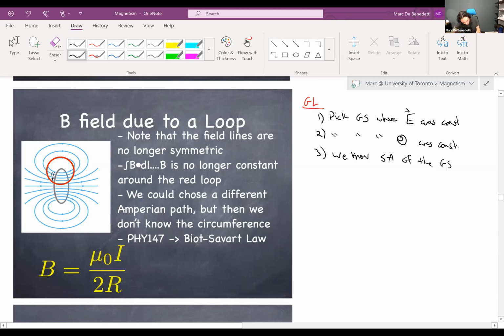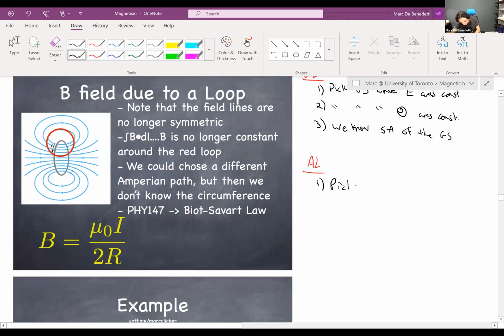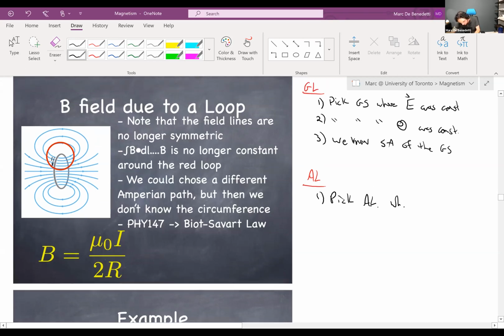We have similar assumptions for Ampere's law. One, we had to pick an Amperian loop where the B field was constant. Two, we had to pick an Amperian loop where theta was constant.